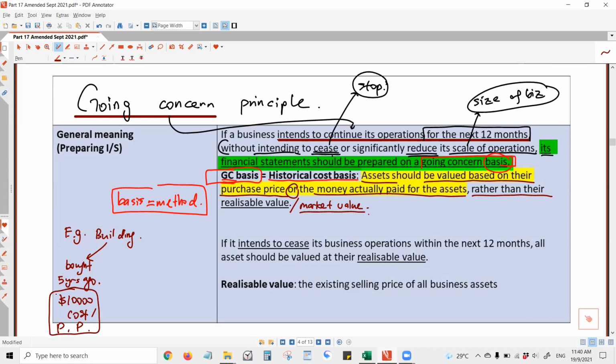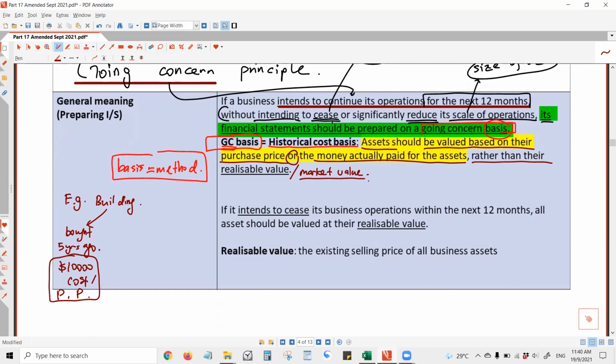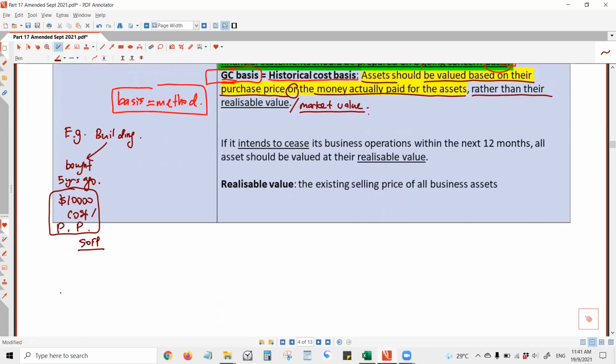Every year when you present the building in your SOFP, building is an NCA, so you will present it in your SOFP. PP is purchase price, I write in short form.